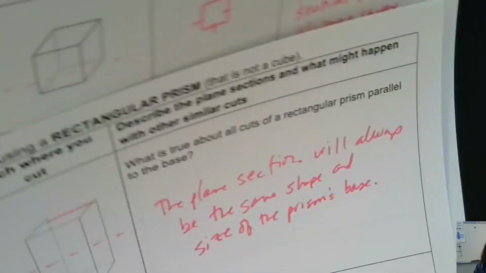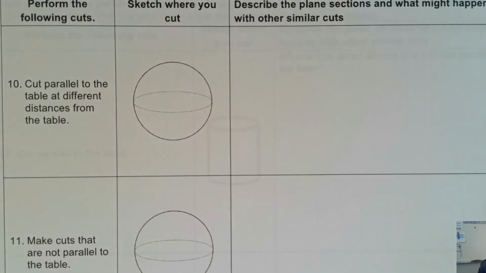So our next thing to think about is a sphere. All right, now if you cut parallel to the table, so I've got this thing, a sphere, ball of some sort sitting on a table. If I cut parallel to the table, do you see that I'm going to have different sizes of circles?